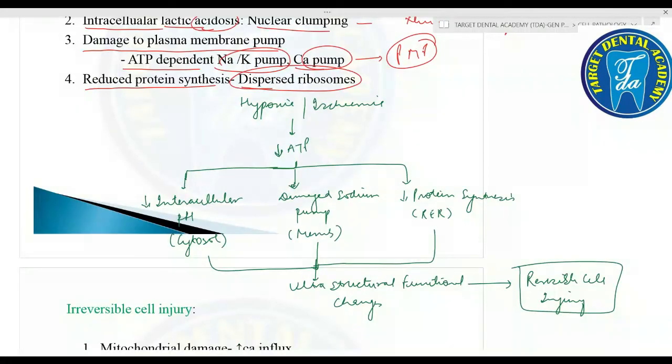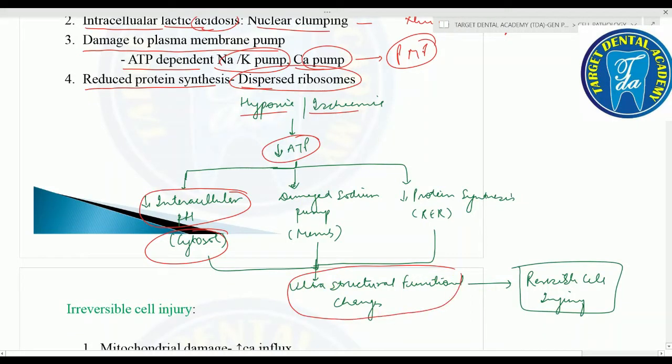Fine. See, due to hypoxia and ischemia, there is decreased ATP, which leads to decreased intracellular pH in the cytosol. Fine. Which leads to ultrastructural functional changes, and finally reversible cell injury takes place. Second, due to decreased ATP, there is damage to the sodium pump in the membrane.